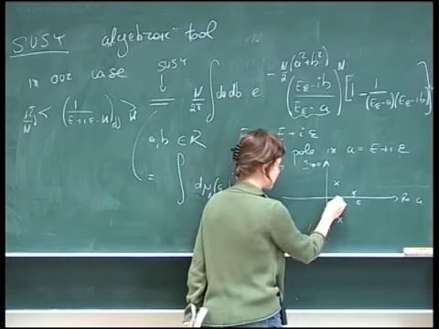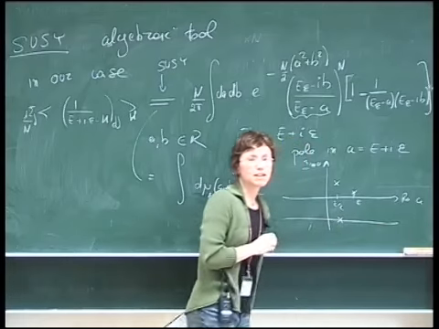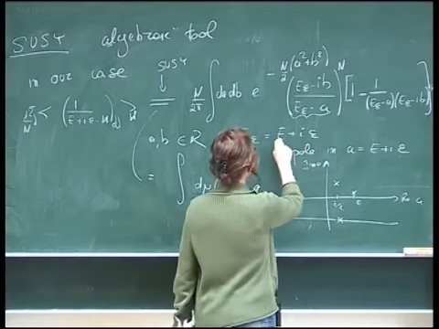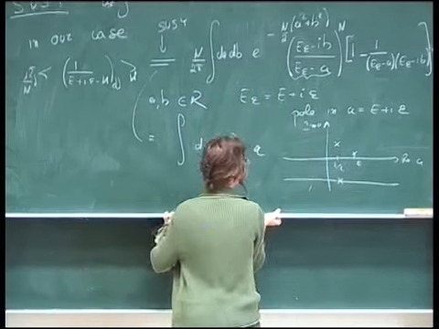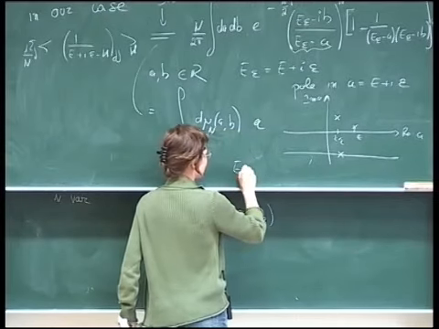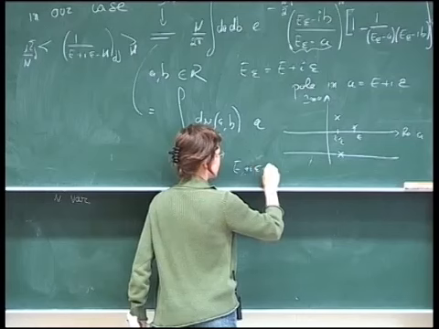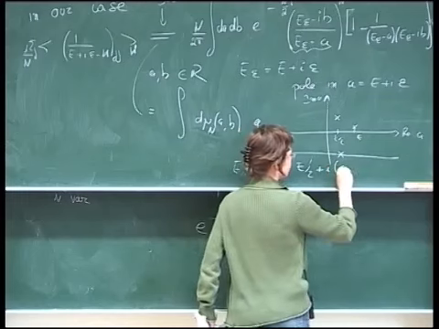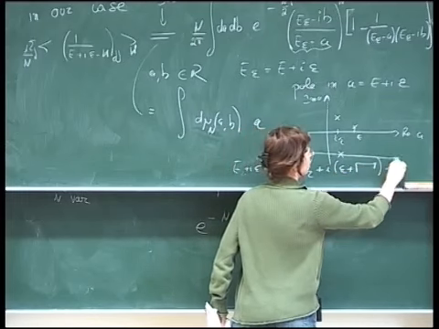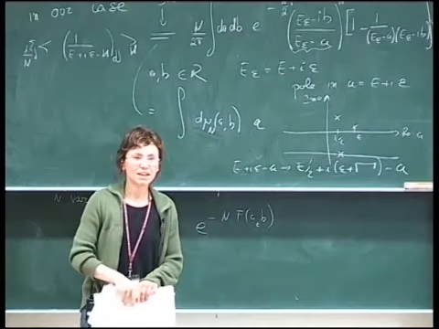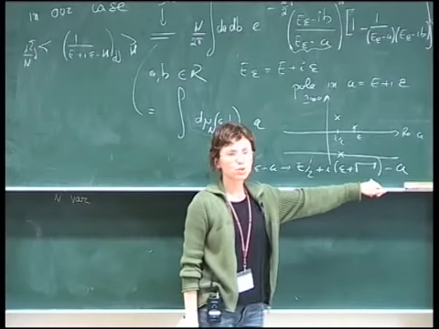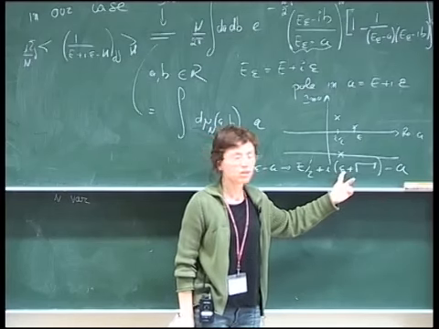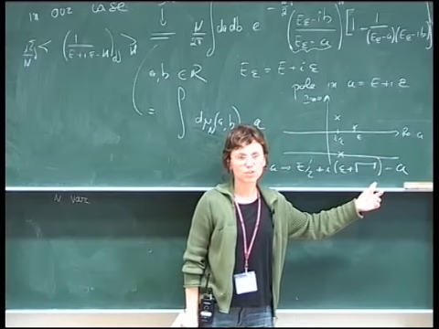So if I translate the contour to pass through this saddle, now I have added an imaginary part. It's important that the two imaginary pieces add up. So now if I take epsilon equal to 0, this is still non-zero.